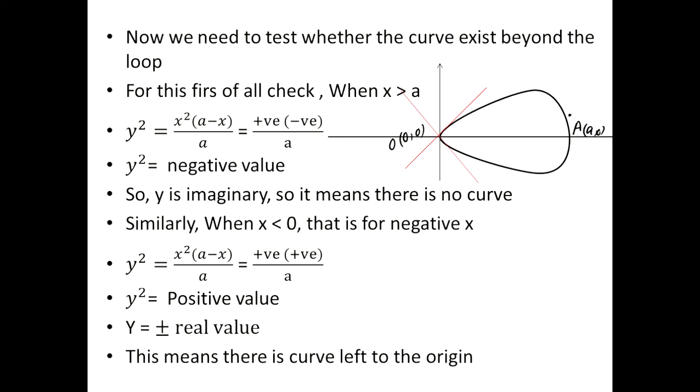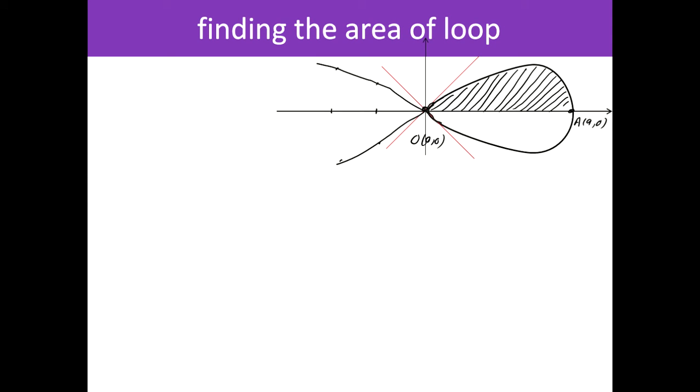So it means there is a curve to the left of the origin, and the curve looks like this. For every value of x, there is a positive value as well as a negative value. When the magnitude of x increases in the negative direction, the magnitude of y also increases, so the curve extends up to infinity.